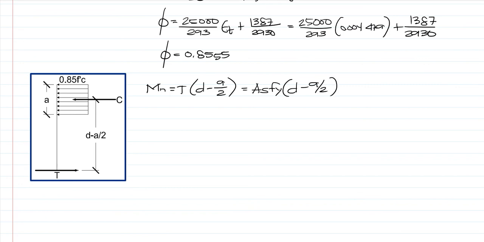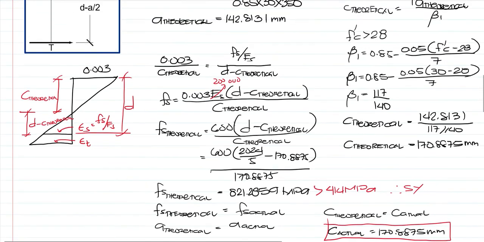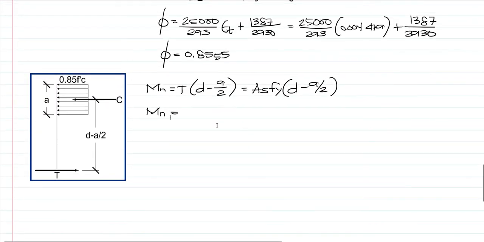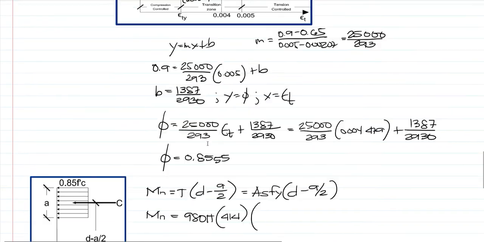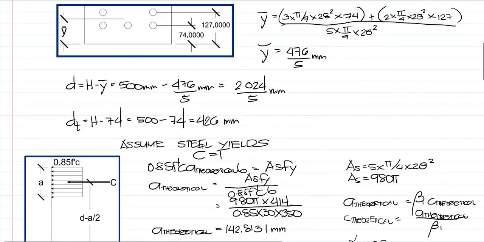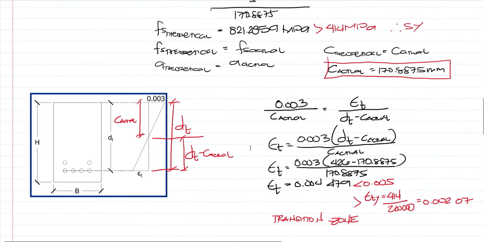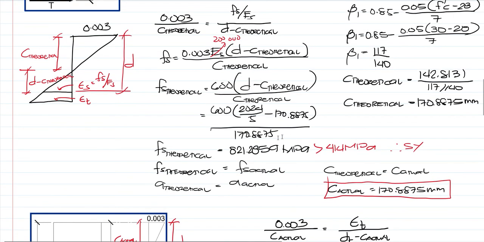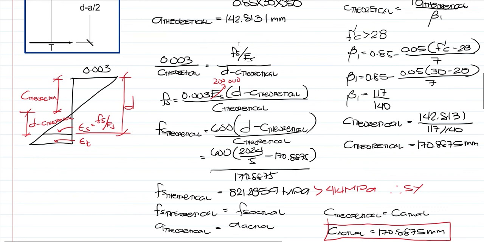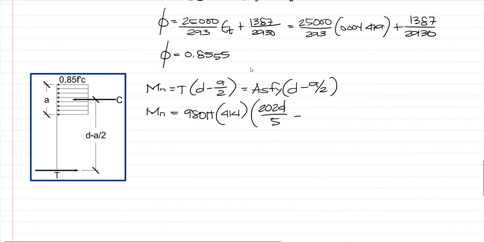So, Mn will just be equivalent to yung As natin kanina, which is 980 pi, times yung Fy natin, which is 414, and times yung d natin kanina, which is 2024 over 5, minus yung a natin na nakuha, na actual na, which is 142.8131, divided by 2.